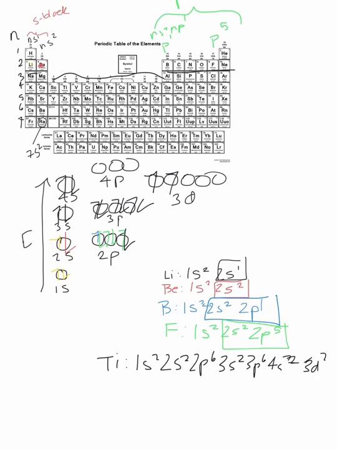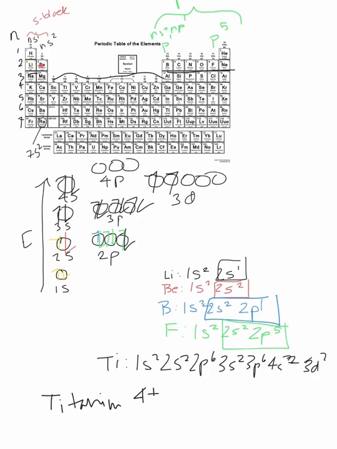Now the question becomes, what is the valence electron configuration for titanium? I'm going to use an example of one of the cations titanium becomes to demonstrate this. In nature, one of the occurring forms of a titanium cation is titanium 4+.